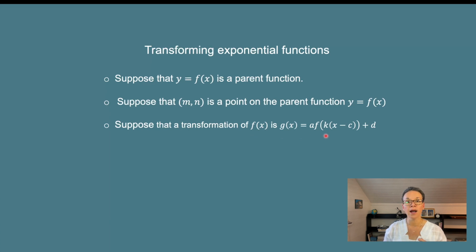Notice how g of x is expressed in its general form, where we can see all four parameters a, k, c, and d involved in the transformation process. Again, I am assuming that you are familiar with these parameters. If not, when you watch the video that I am linking below, you will understand their role in the process of transforming the parent function onto g of x.